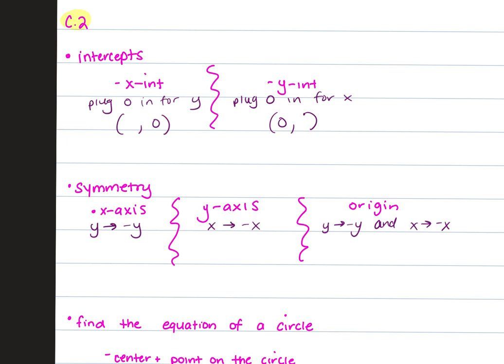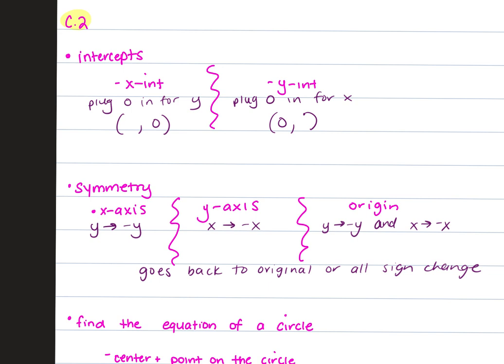And for all of these, we're seeing if it goes back to the original or all signs change. Every single term would have to change. If it happens, then it passes that specific type of symmetry.